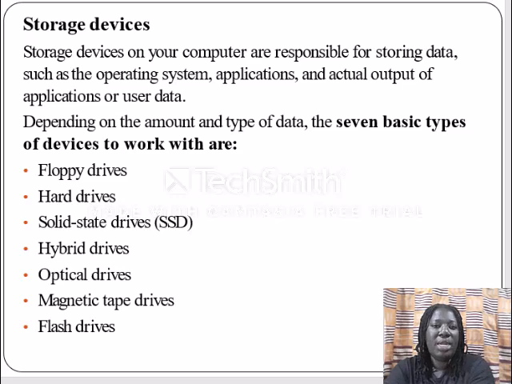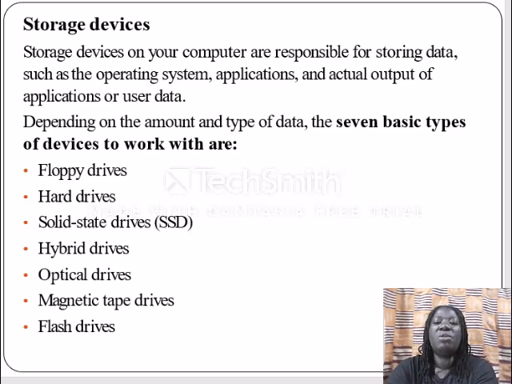Now, as I told you earlier, most of the storage devices of your computer can be found in the system unit. Storage devices on your computer are responsible for storing data such as the operating system, applications, and the actual output applications or data usage.